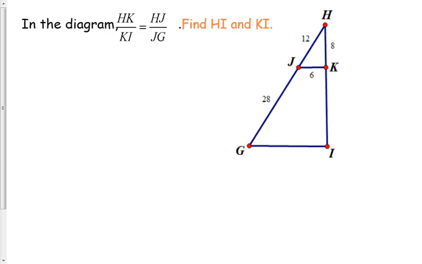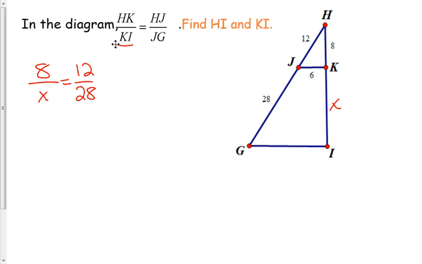Problems like this say that in the diagram you have a proportion. Solve for HI or KI. Well, KI is here in the proportion, so we are going to solve that one first. So HK is 8, KI unknown, we'll call it X. HJ is 12, and JG is 20.